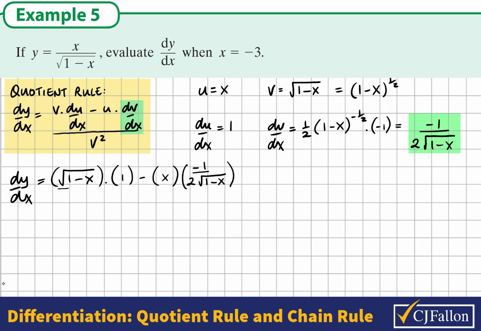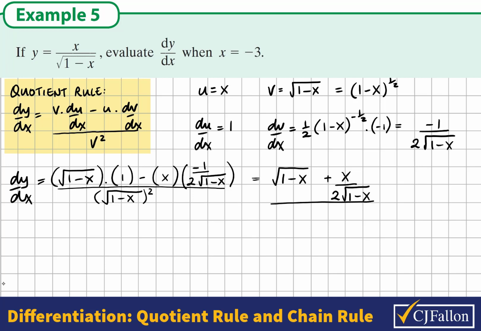This is all divided by v squared, which is the square root of 1 minus x, squared. We could neaten this up. So we have the square root of 1 minus x plus x over 2 times the square root of 1 minus x, all divided by 1 minus x.